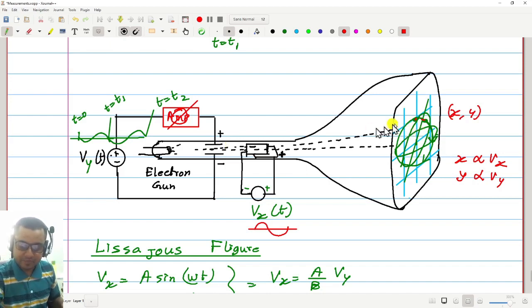Electrons reach the screen from here to here in almost no time, and all the frequencies that we are measuring are much slower than the response time of the beam. Therefore, this is the rule: the x coordinate of the beam is directly proportional to the x voltage Vx, and the y coordinate is directly proportional to the y voltage.